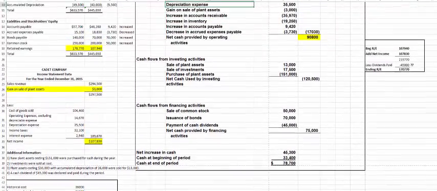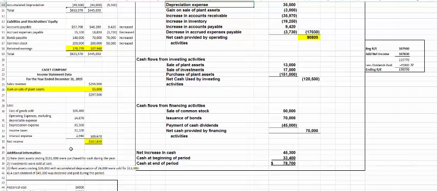Alright, so these numbers were based on the additional information that we did gather down here, and then in looking at our bonds payable and our common stock and our additional information, we were able to come up with these numbers. Alright, so inflow of 50 and an inflow of 70 equals an inflow of 120. However, dividends paid out of 45 equals a net of 75,000. Now, this 75,000 is a positive amount, so notice I've selected the words provided here.